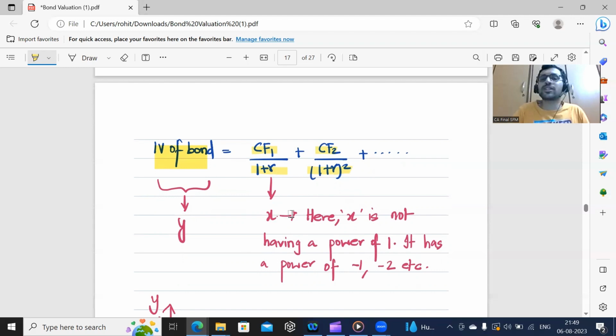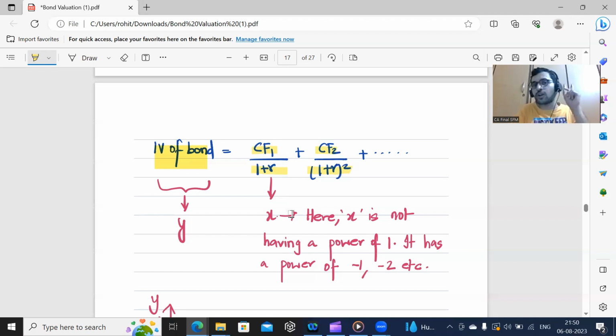If you notice over here, clearly this is not in the form of y equal to mx plus c, because in y equal to mx plus c, x has got a power of 1. Whereas over here r or x does not have a power of 1. It's actually in the denominator, so it has got a power of -1, -2, and so on, right? So the actual true equation of a bond is not in the form of y equal to mx plus c.